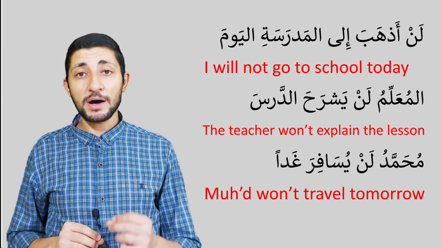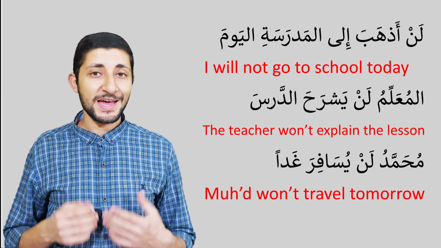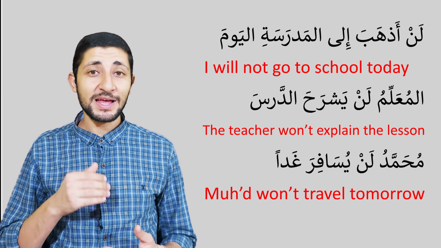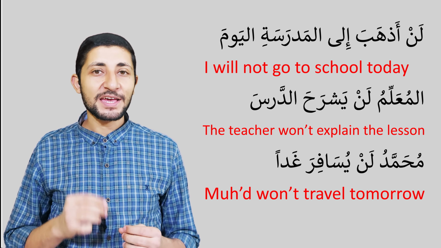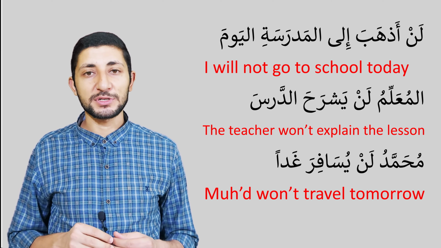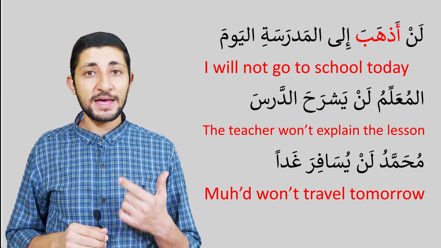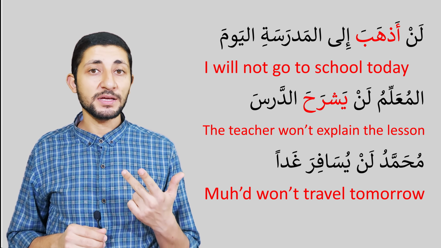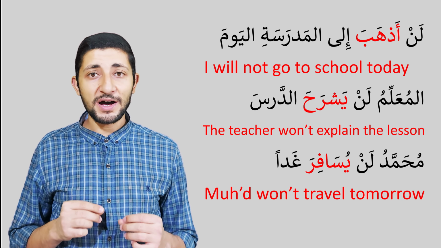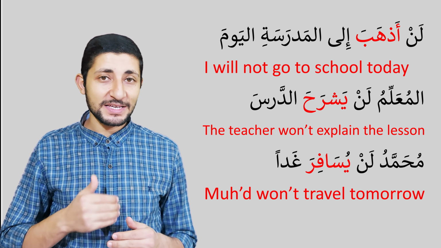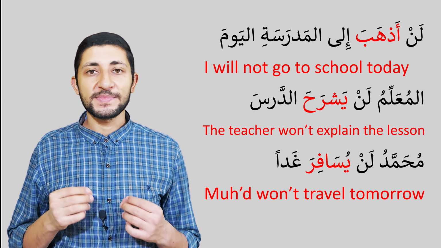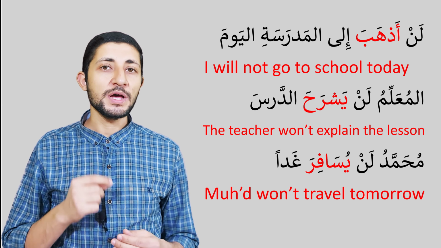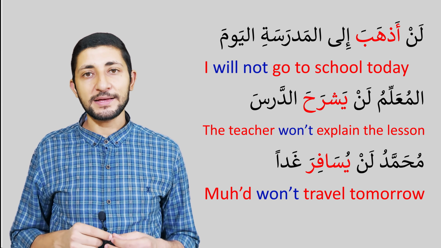Muhammad will not travel tomorrow. As you can see, the preposition لن again came before present verbs, أذهب, يشرح, and يسافر. But this time, it negates an action that is yet to happen in the future. That's why it's equal to will not in English.